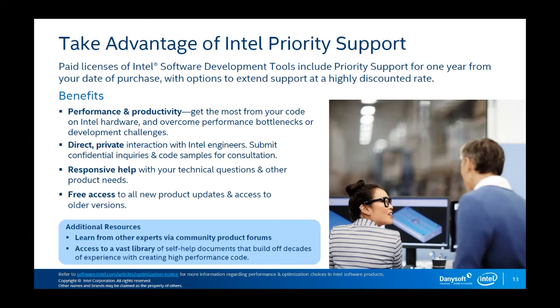Intel Parallel Studio license includes not only these tools for trying to modernize your code, it also includes technical support. Technical support for more than 1 year. And with the purchase of this suite, you can access other benefits that can be summarized here.